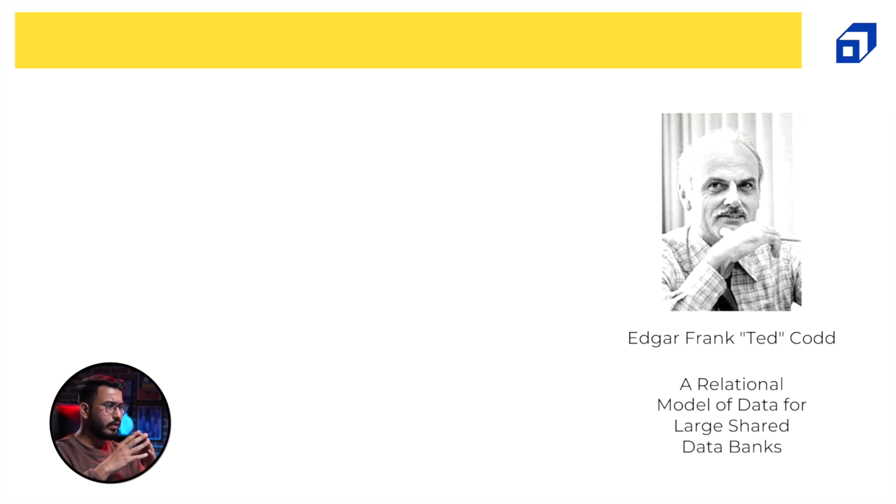Now, the person on your screen right now is named EF Codd, and he is the father of the RDBMS technology which we are using today. In 1970, he presented a paper named A Relational Model of Data for Large Shared Data Banks.